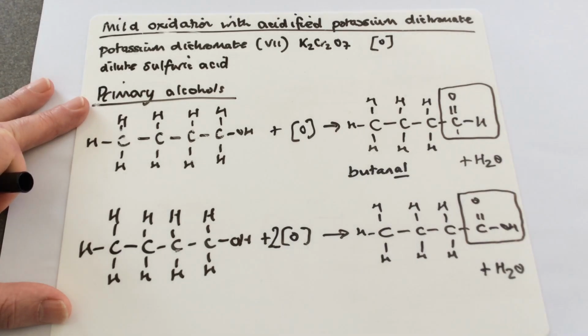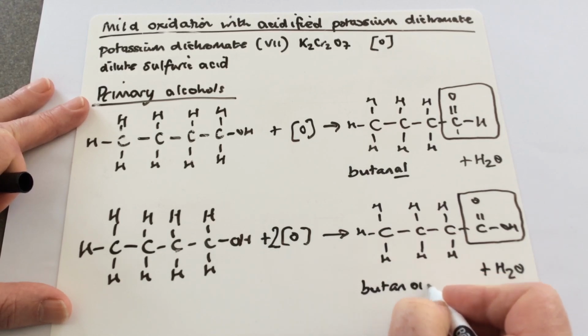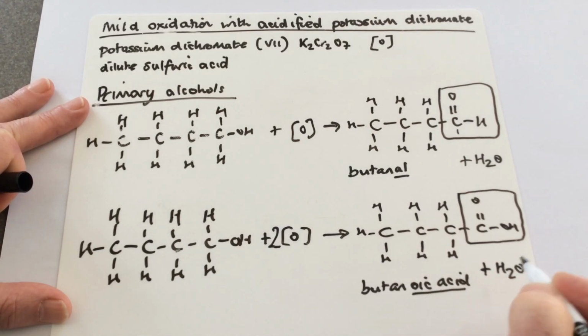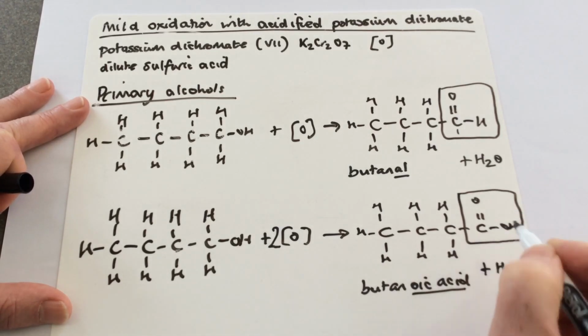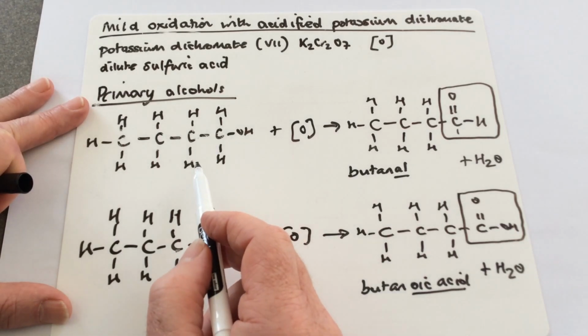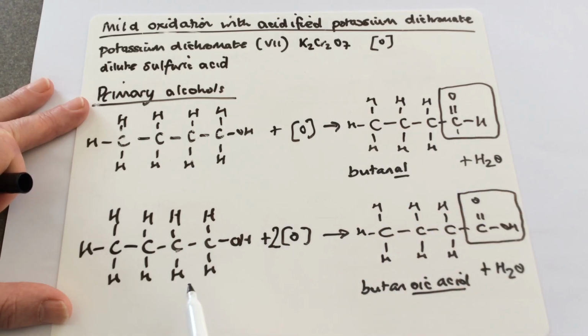This is called but, and oic acid. Again, this is on carbon number 1, so we don't need a number. Primary alcohols can be oxidized to form aldehydes, or primary alcohols can be oxidized with extra oxidizing agents to form carboxylic acids.